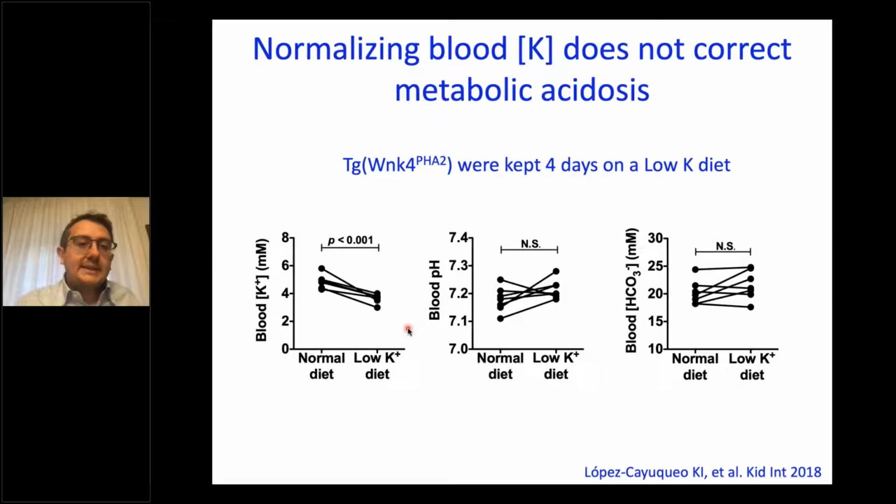So we placed these mice on a low potassium intake, and we could see that even though kalemia reduced to normal level, metabolic acidosis did not change at all.